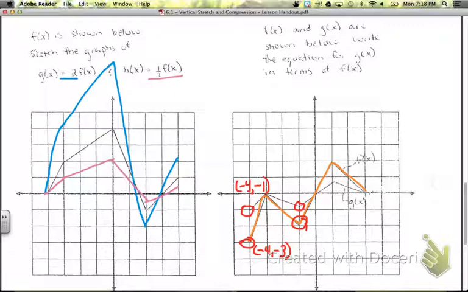So looking back here, how could I get from -3 to -1? That's right, we can divide by 3. If we're dividing by 3, therefore we're multiplying by a third. So therefore g(x) is equal to a third f(x). So we therefore have a vertical compression by a factor of a third.